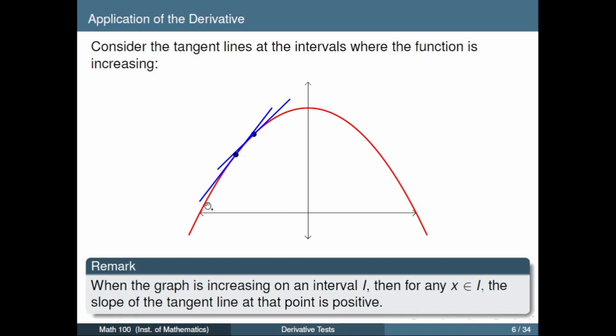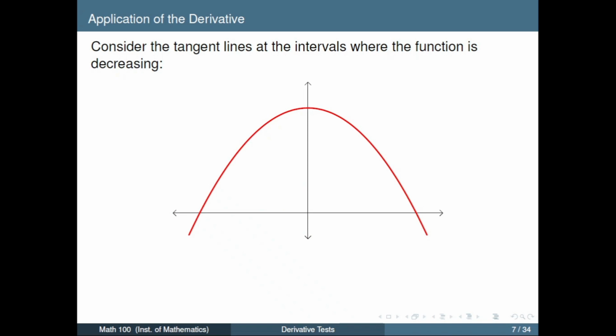Okay? So, nakikita natin, if you check, lahat ng points dito, kung saan siya increasing, yung mga tangent lines at that point, lahat sila ay may positive na slope. So we have this observation: when the graph is increasing on an interval I, then for any x in I, the slope of the tangent line at that point is positive.